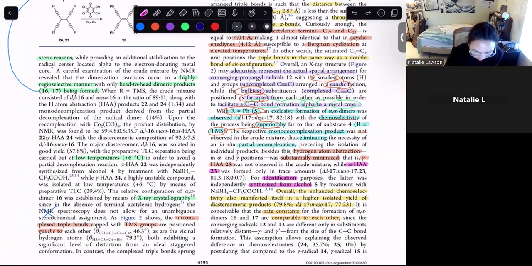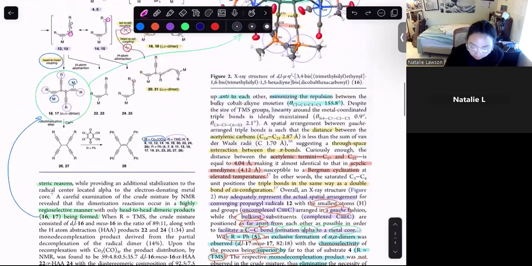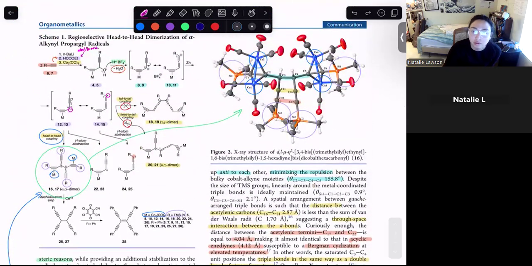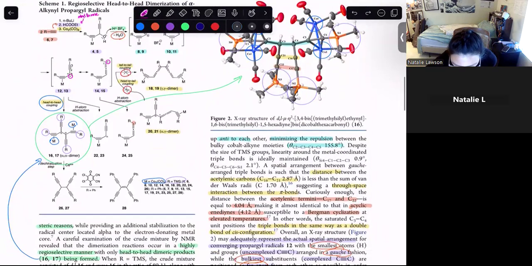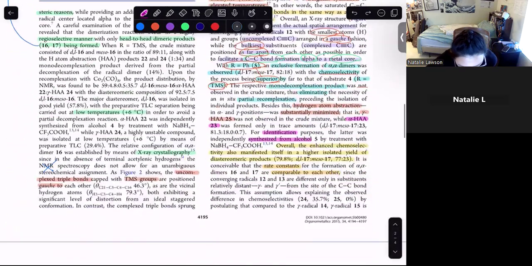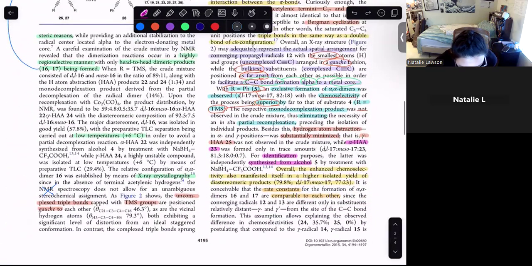So they used X-ray crystallography. And then that's why we got this structure up here because that's an X-ray structure. And then they were saying that they put the bulky TMS groups gauche to each other.